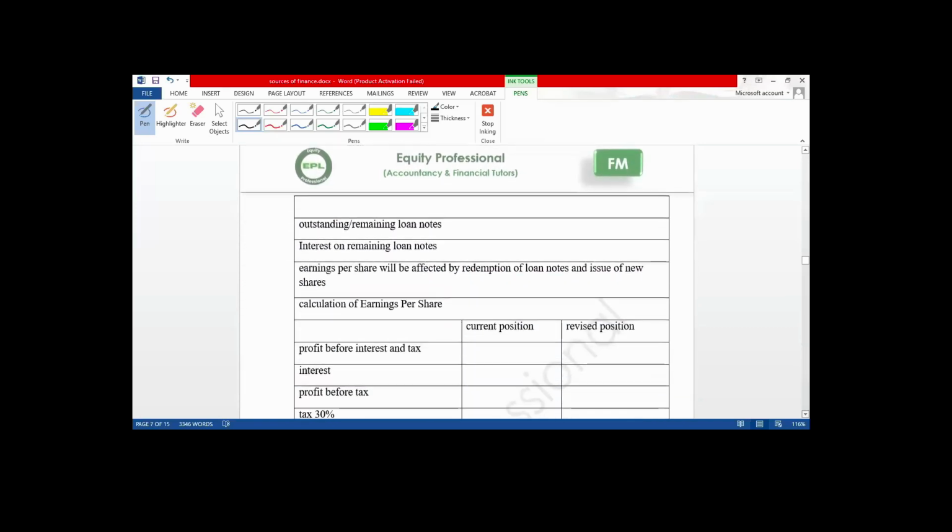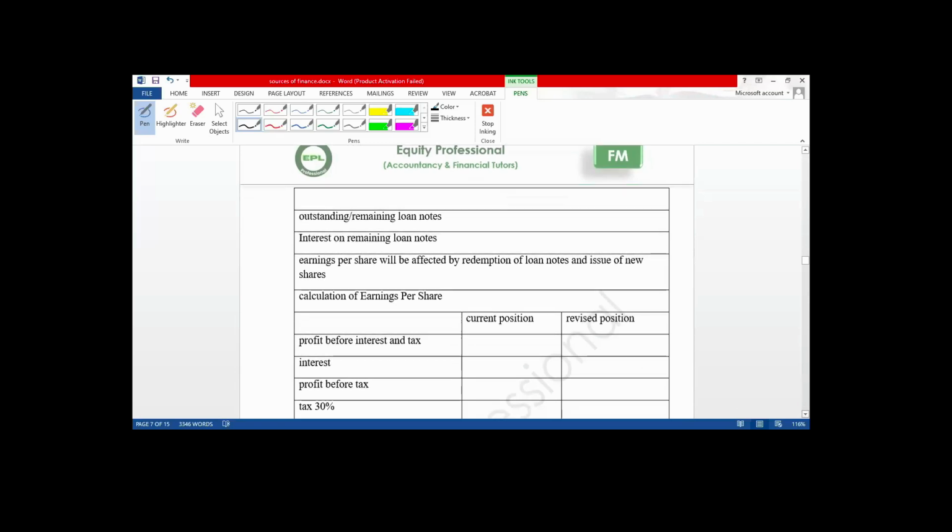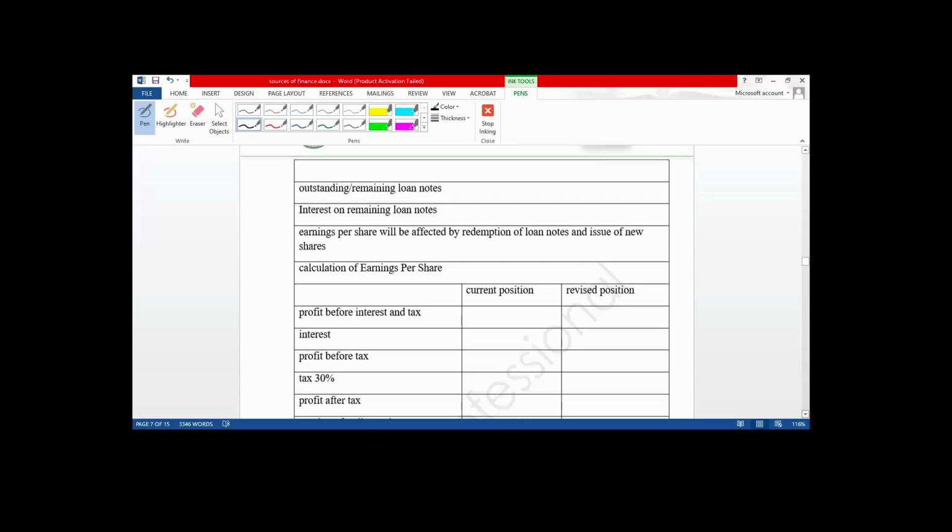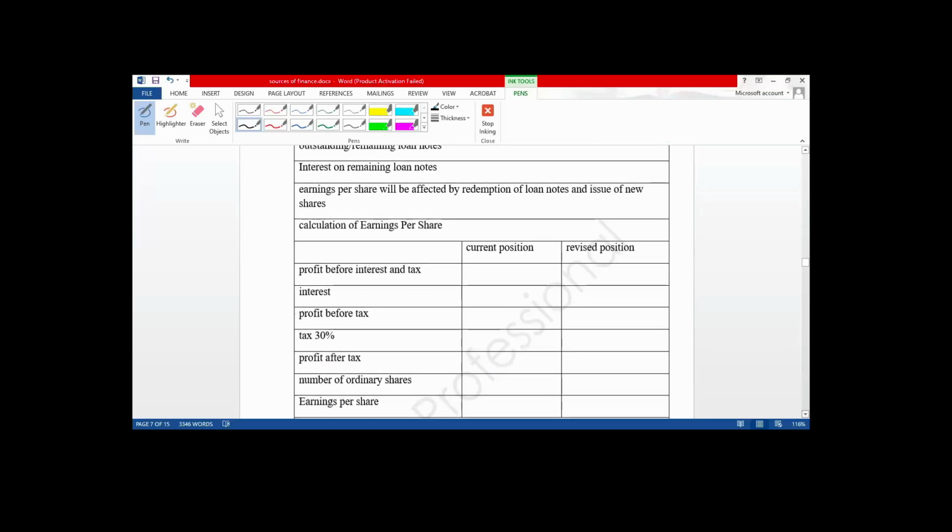Let's come here. You want to calculate earnings per share. You have the current position and the revised position. The current position is before the proposal. What is the company's earnings per share? Then after the proposal, what is the company's earnings per share?